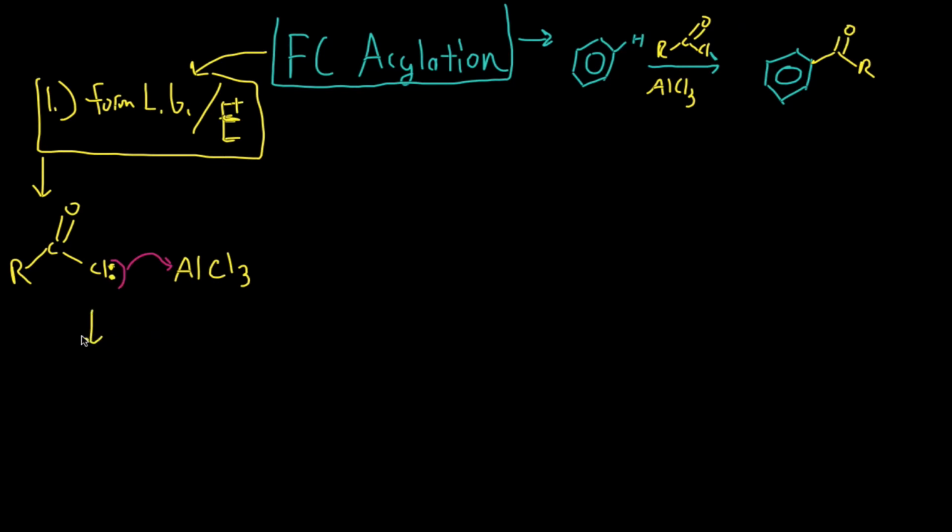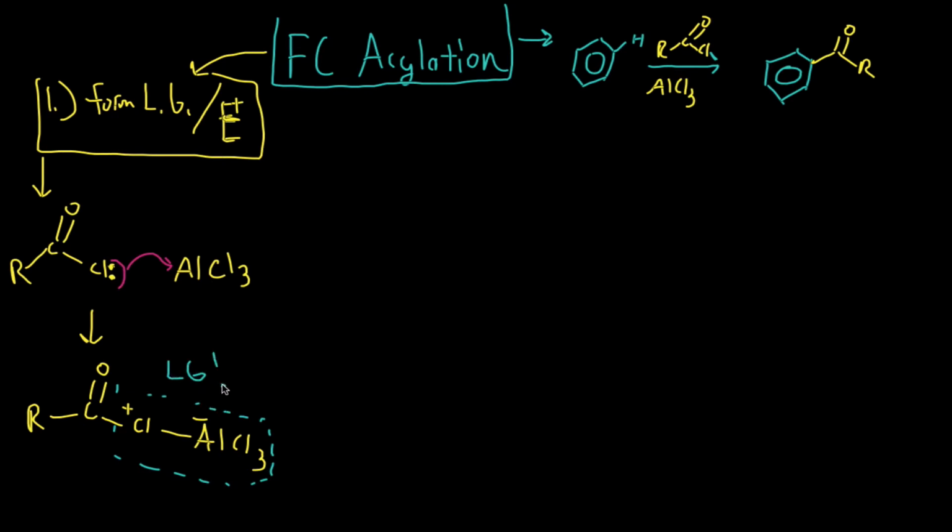And then the next thing that we get is a very awkward looking chlorine with a positive formal charge and an aluminum trichloride attached to that with a negative formal charge, just like we had whenever we had done the iron reactions. So this right here, though, this is your super, super powerful leaving group. This is your leaving group that you're going to want to have for this reaction.